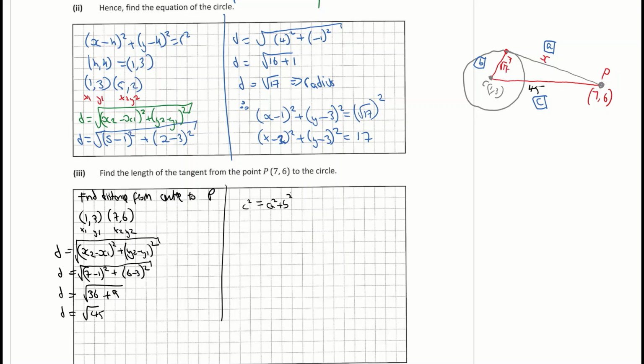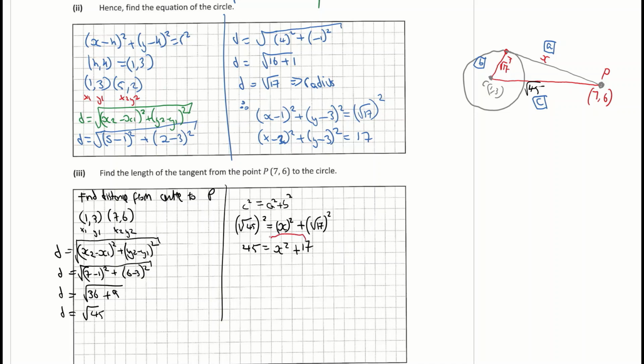So filling in my Pythagoras theorem now, I have c squared, which is square root of 45 to be squared. A, which is my x, the value I'm looking to find, the length of the tangent, plus my b, which is my square root of 17 squared. That's my radius. Square root cancels with the square, so that's 45 is equal to x squared plus 17.